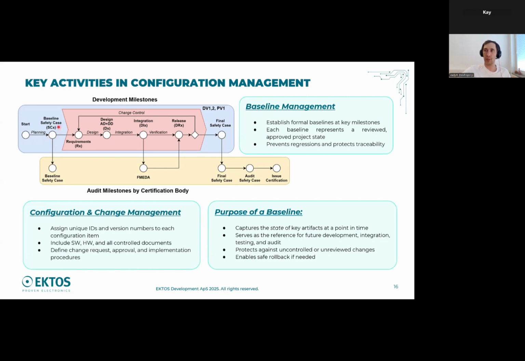So if we're talking about this stage, let's assume only 2 documents will be in our baseline. And here we have to assign a version for them, a unique number, store them, and say, okay, this is the first release which we sent to assessor.